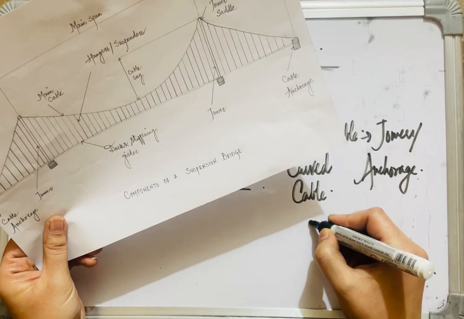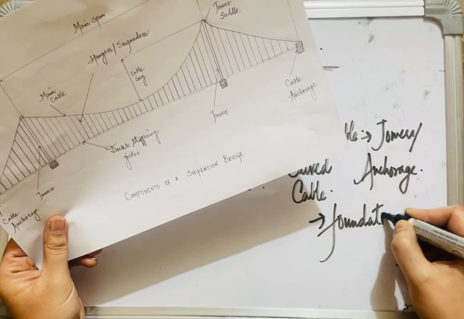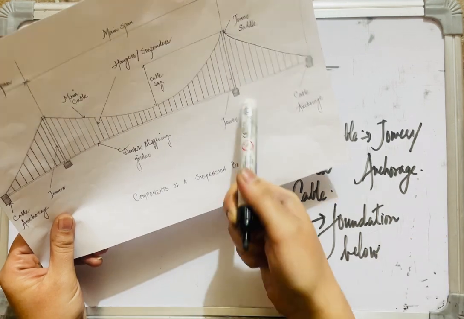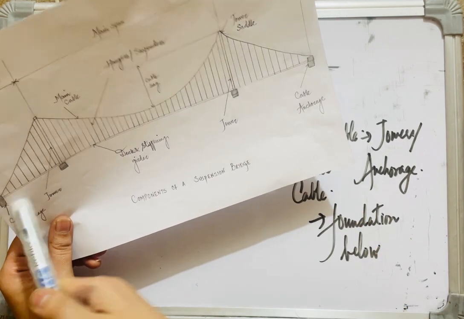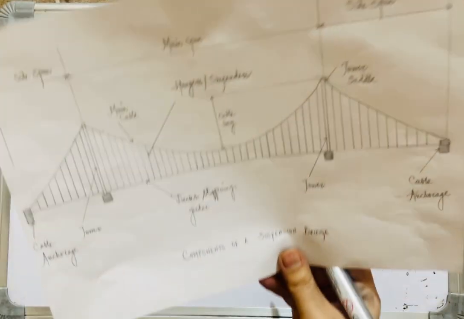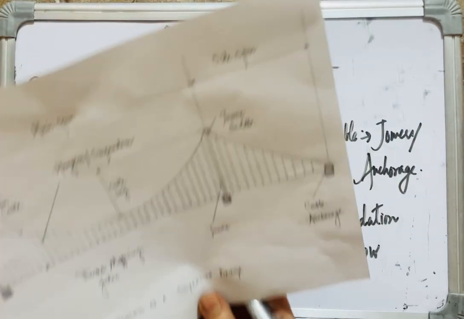Then to the foundation below. Because these towers are embedded in the foundation below, and these anchorages are the massive concrete blocks or structures which transfer the loads from the cable to the foundation below.